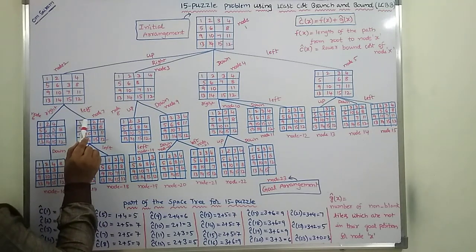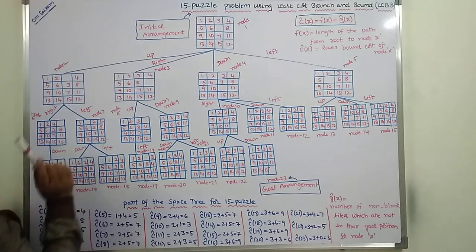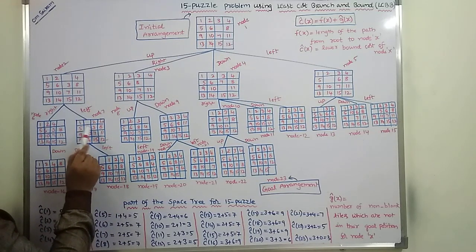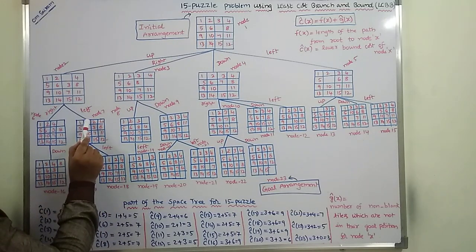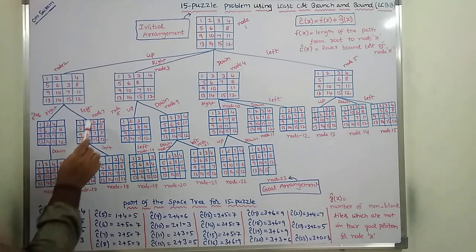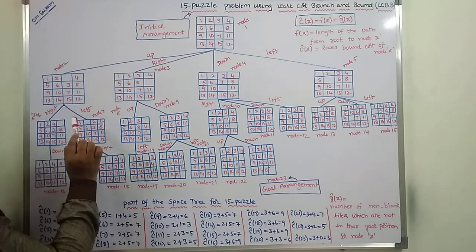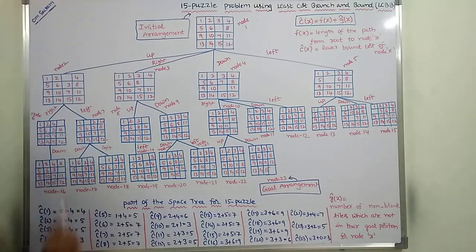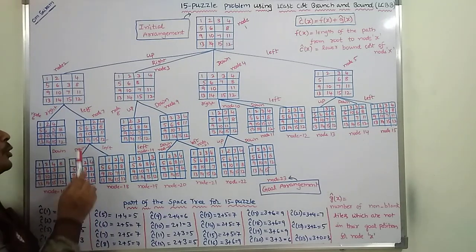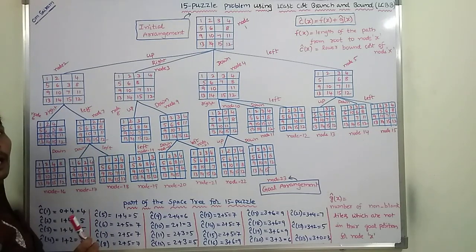The empty tile can be left direction. Yes, it is possible. The empty tile can be down direction. It is possible. The empty tile cannot be moved to up direction because the 16 capacity square frame ends with this position. So because of that reason, up direction cannot be possible. Only down and left are possible.